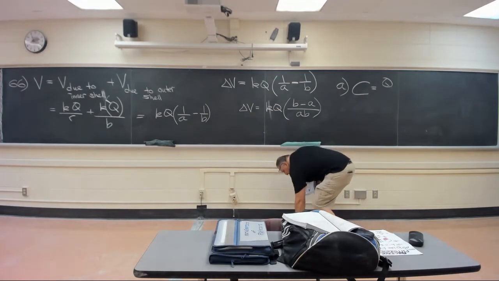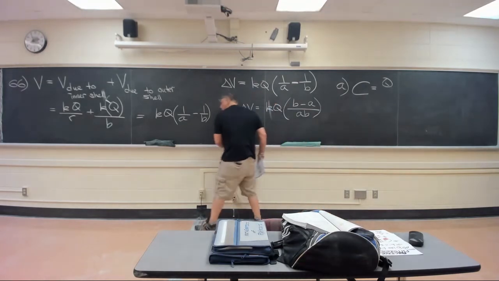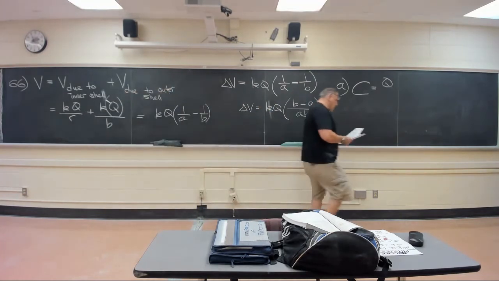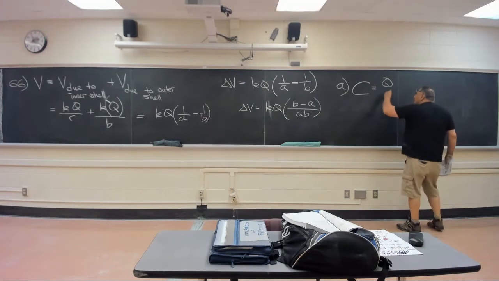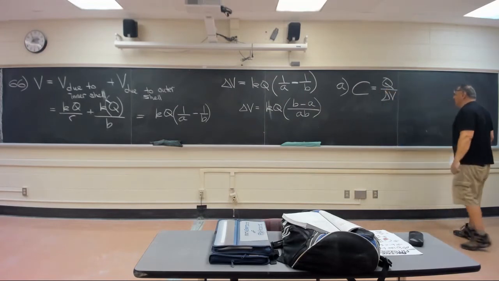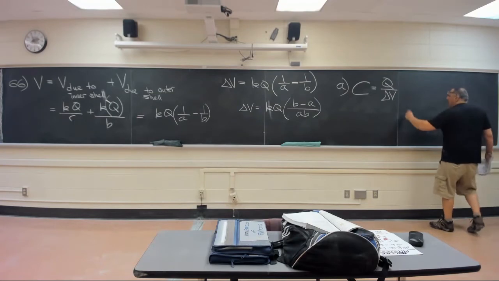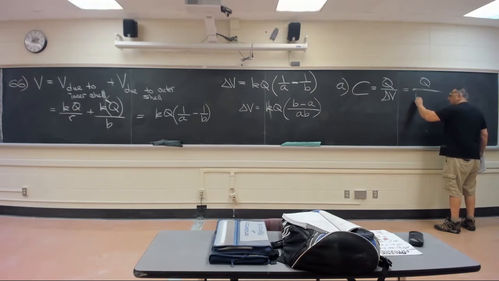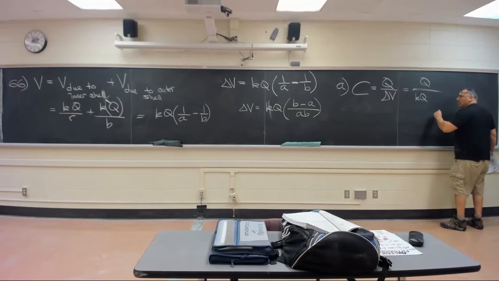Q over V or Q over delta V. Delta V is probably the better way to go, if you really want to be strict with the language here. What do you got? We've got Q. Delta V is KQ times B minus A over AB.